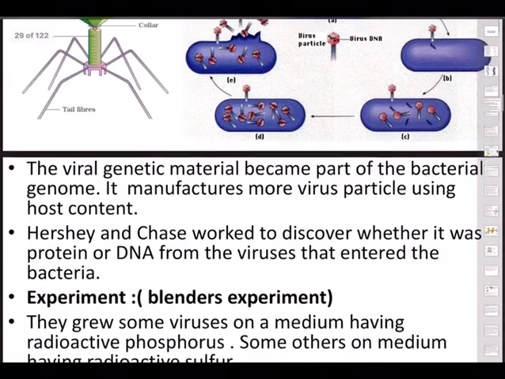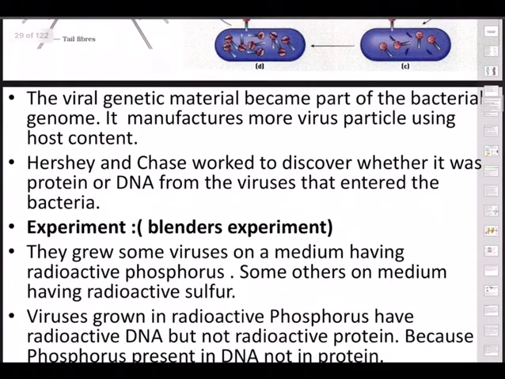And after some time, as you are seeing in figure E, the bacteria cannot accommodate so many bacteriophages within its body. So it has to burst. Thus the bacteria is getting killed. So the virus called bacteriophage is killing the bacteria by bursting it. So this is how the infection starts.